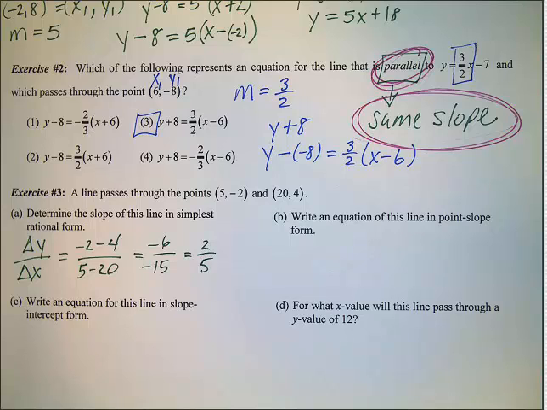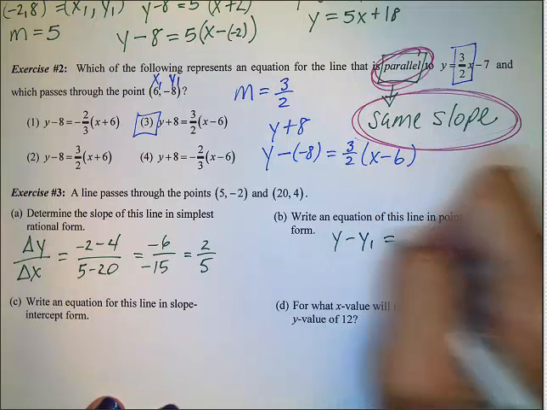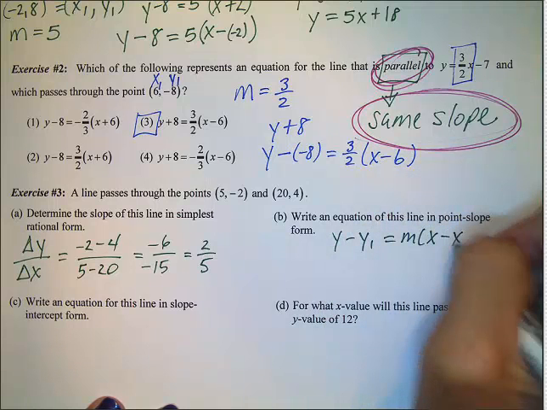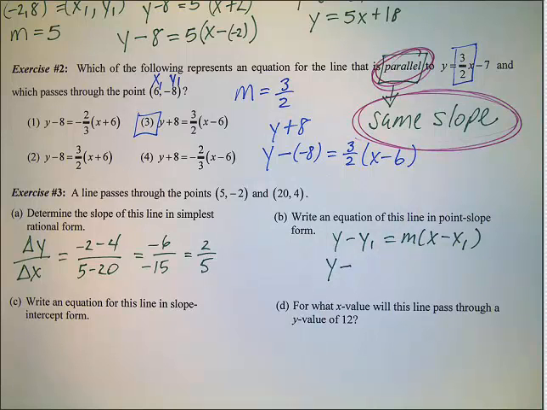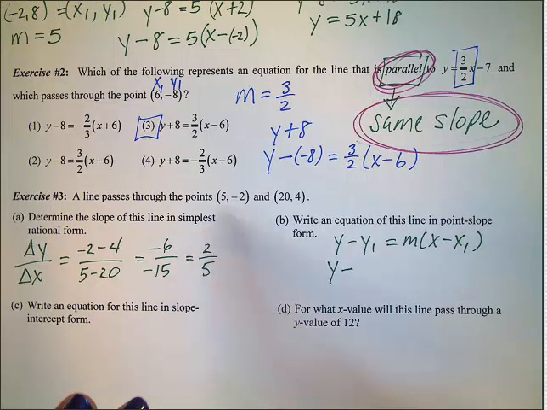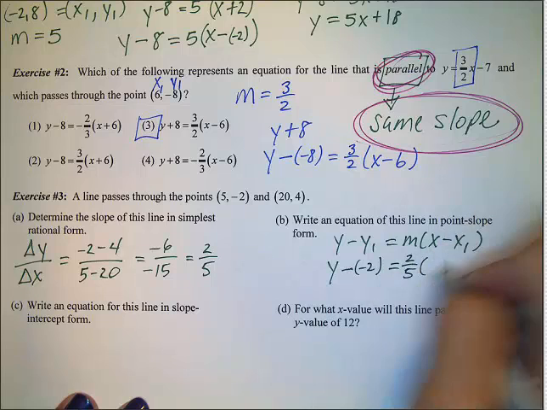So now write the equation of this line in point-slope form. So point-slope form, y minus y1 equals m times x minus x1. So y minus, what's one of our y values? It doesn't matter which one you use. So I'm going to use the first one. So y minus -2 equals 2/5 times x minus 5.